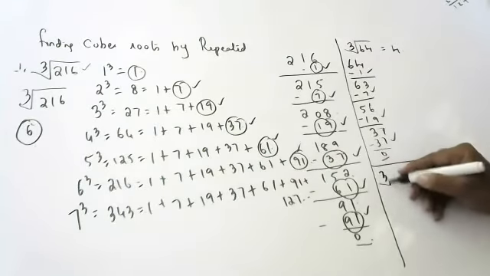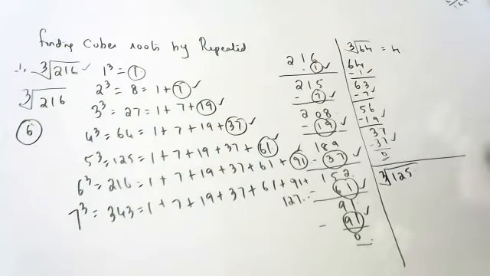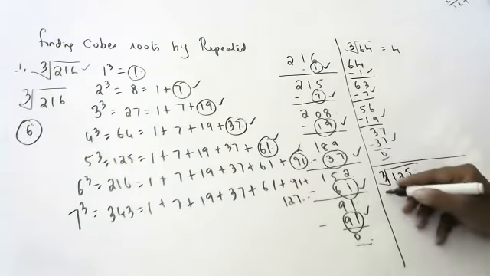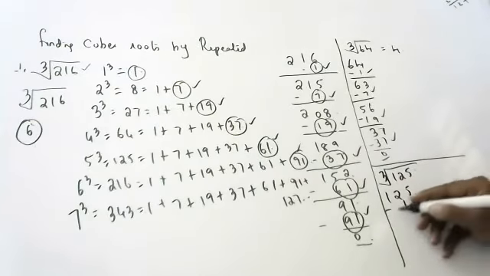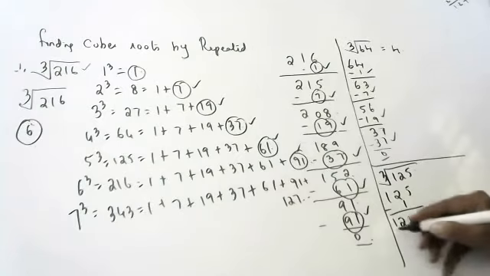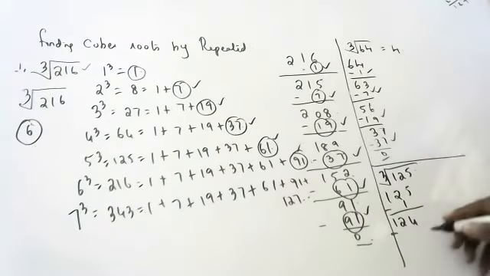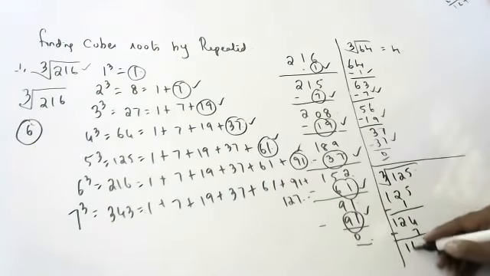Okay, cube root of 125. Shall we work it out? Anyone want to do it? 125 minus 1 is 124. 124 minus 7 is 117.